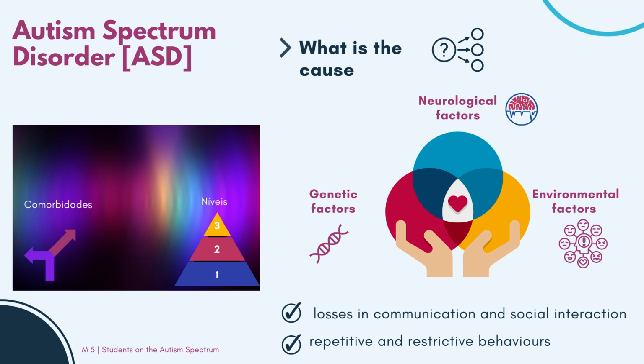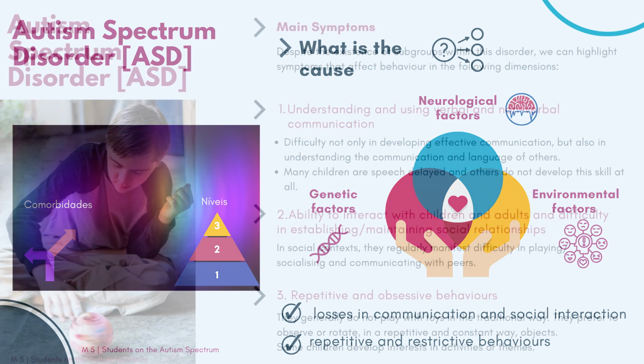But autism is not a disorder that occurs in isolation, and that is where comorbidities come in. Besides the 3 levels associated with autism, the variety is immense. Autism can manifest a multitude of comorbidities and also be associated with different syndromes.